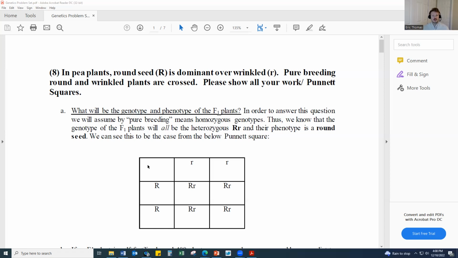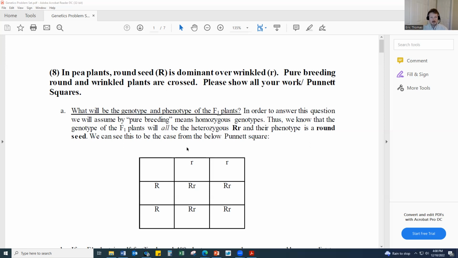So in order to solve the problem, now that we have the genotypes of the parents, we just need to run a simple Punnett square, and that's down here. Here's the genotype of one parent, here's the genotype of the other parent, and then all we do is say, okay, capital R, lowercase r, this is going to be the genotype of an offspring, and we do that for all 4 of these squares here, and we can see that it's going to be capital R, lowercase r.